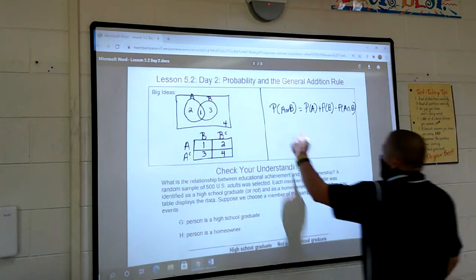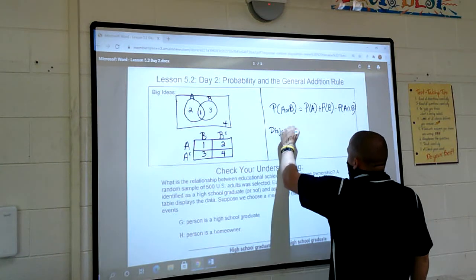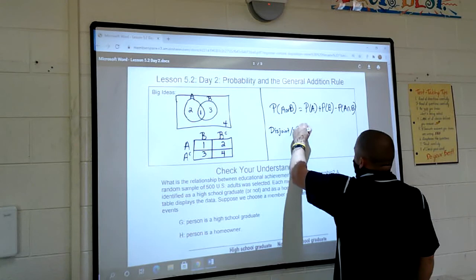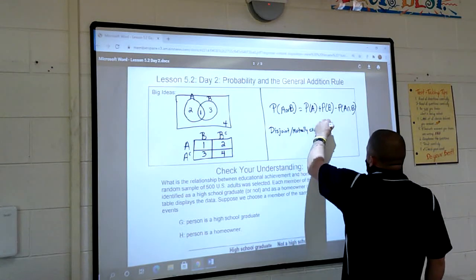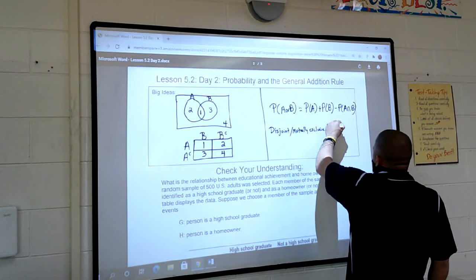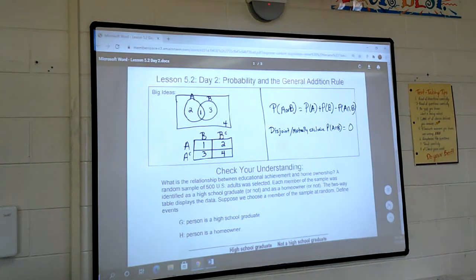Again, if they're disjoint or mutually exclusive, then the probability of A and B is going to be 0. Because it can't happen.